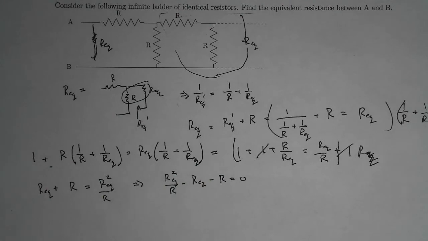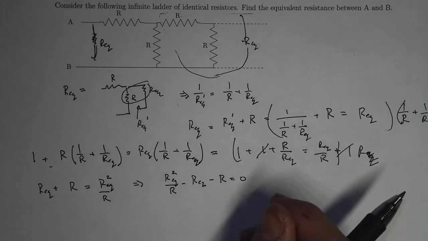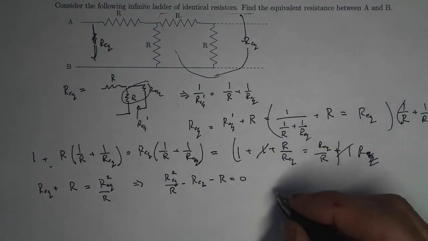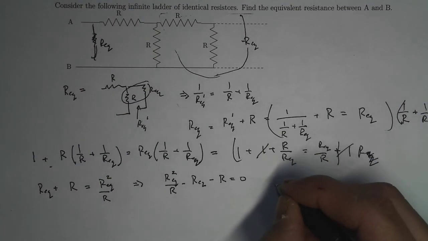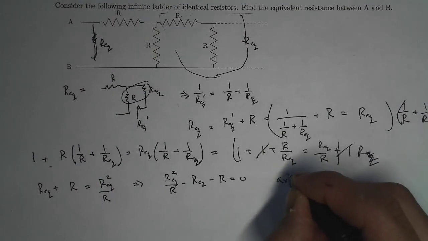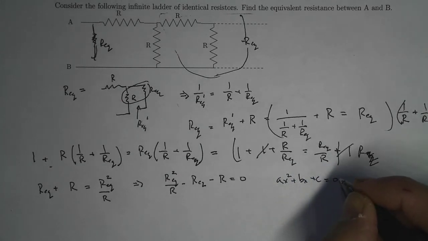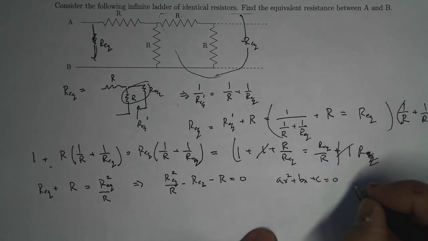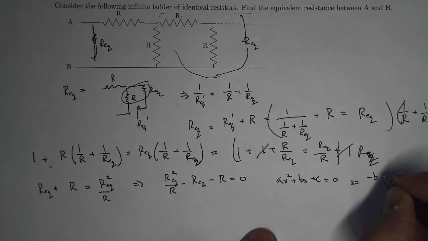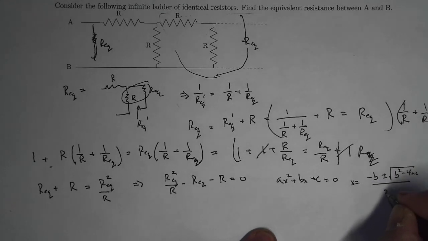So how do we solve this problem? We use the classic quadratic formula. Imagine you have an equation of the form ax squared plus bx plus c equals 0. The solution is x equals minus b plus or minus the square root of b squared minus 4ac, divided by 2a.